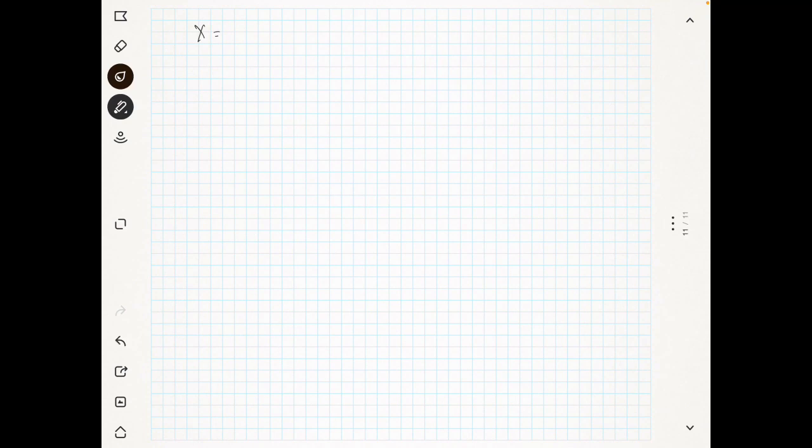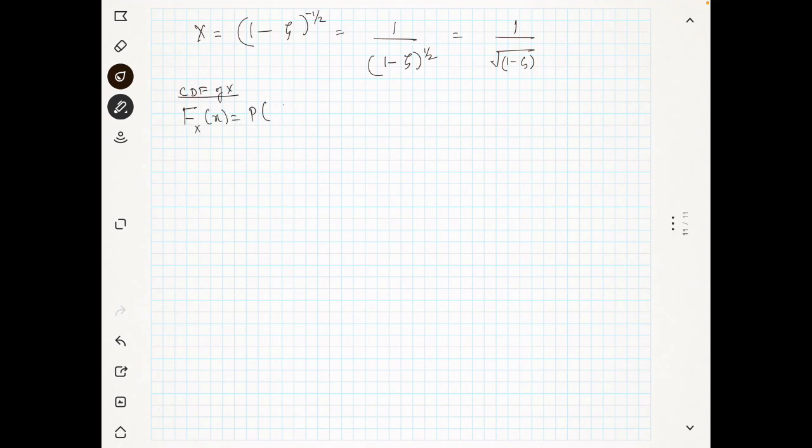You know that x is equal to (1 minus zeta) to the power minus 1 by 2, which is nothing but 1 by square root of 1 minus zeta. This is your function. Now what is the cumulative distribution function of x? It is nothing but F_X(x), which is the probability that X takes a value less than or equal to x.